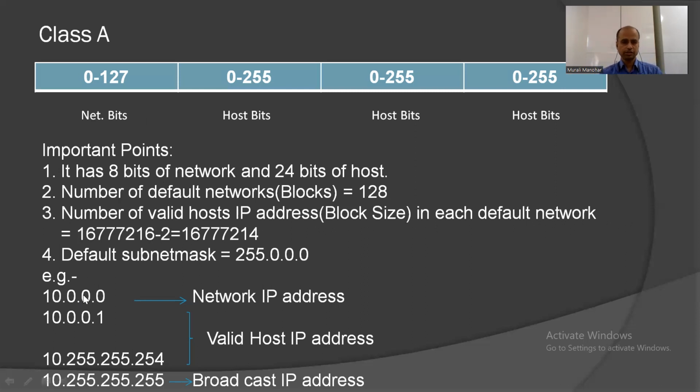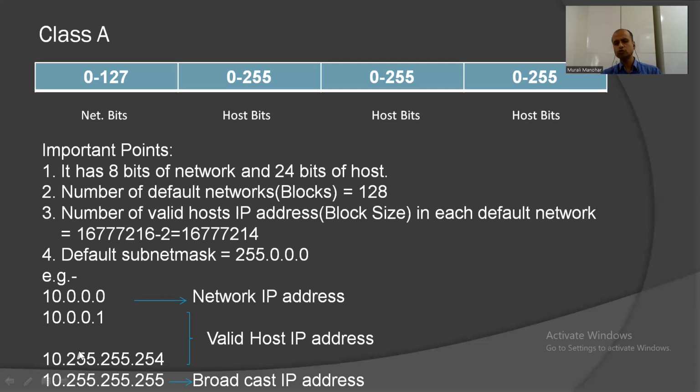If I take the very first value, 10 is constant. In the rest three parts, 0.0.0. This is the very first IP address, and it is known as the network IP address. After that, the next value will be 10.0.0.1.